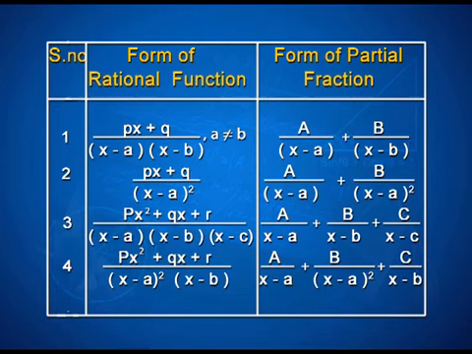Third, (px square plus qx plus r) upon (x minus a) into (x minus b) into (x minus c) can be written as A upon (x minus a) plus B upon (x minus b) plus C upon (x minus c). Fourth, (px square plus qx plus r) upon (x minus a) whole square into (x minus b) can be expressed as A upon (x minus a) plus B upon (x minus a) whole square plus C upon (x minus b).